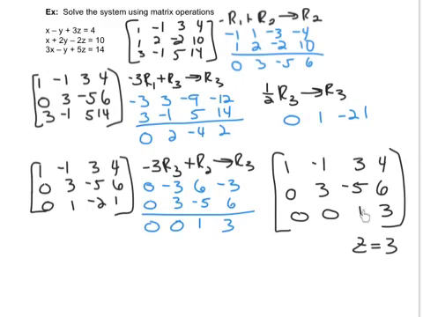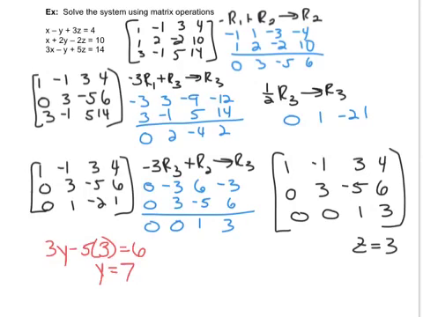Z is 3, and then we take that and substitute back in here. This equation becomes 3y minus 5 times z is equal to 6, and when you do that, you get 3y is 21, so y is 7.